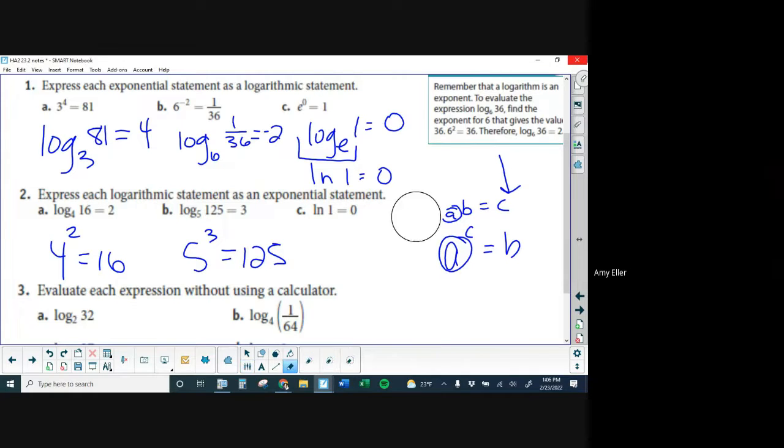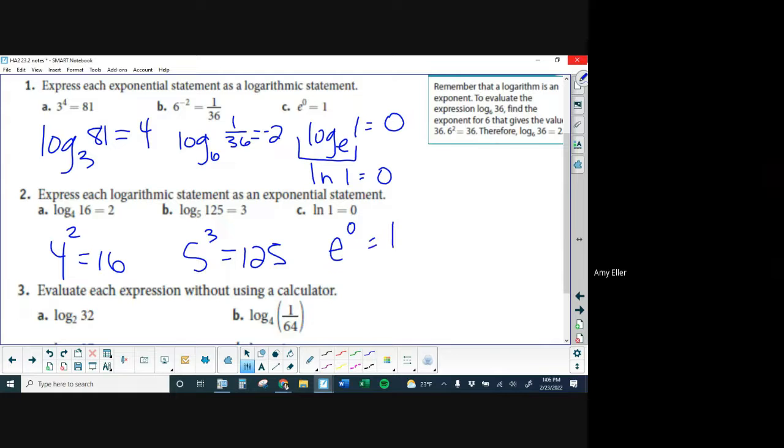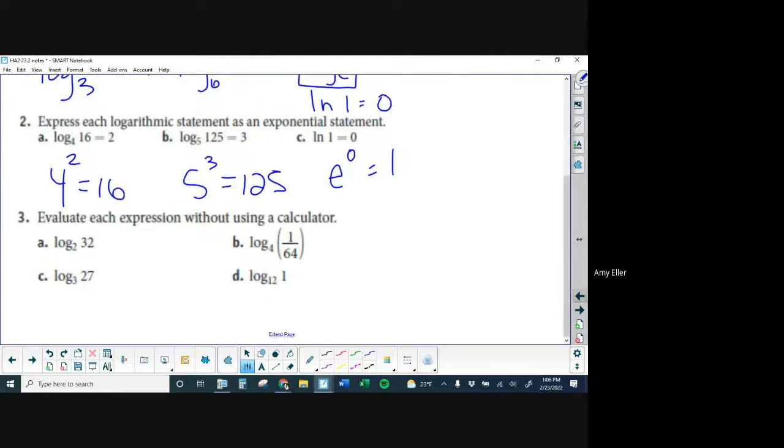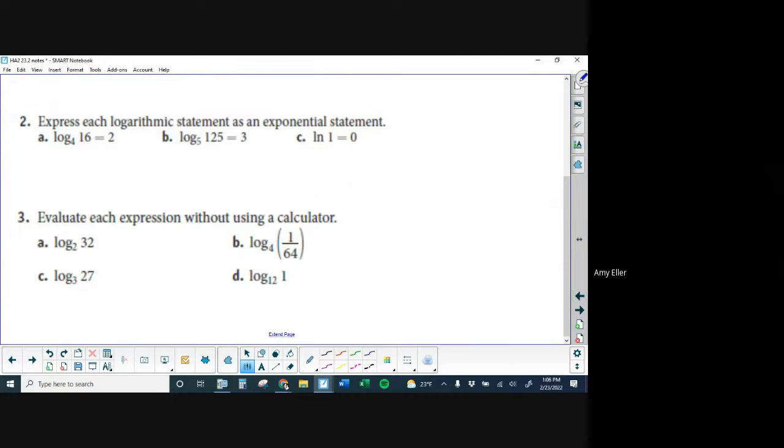So let's get to this one. That is a log of base e. So the exponent is base e. That is your exponent. Any questions on 1 or 2? That's review. 3 takes a little more time, a little more thought.